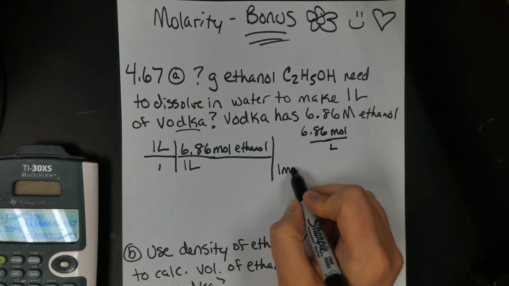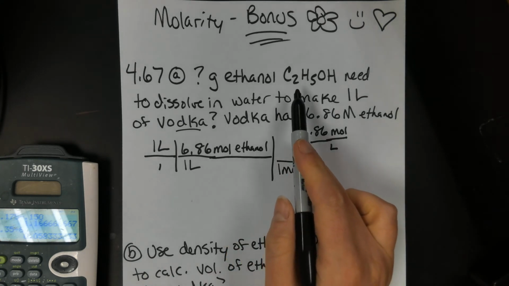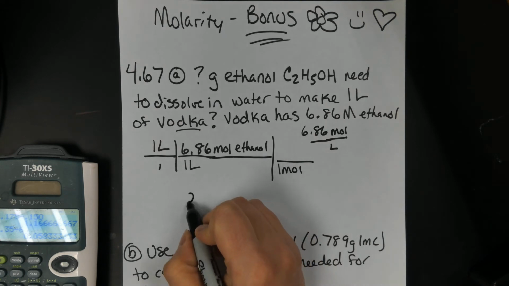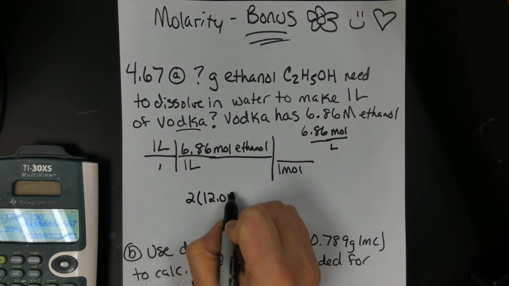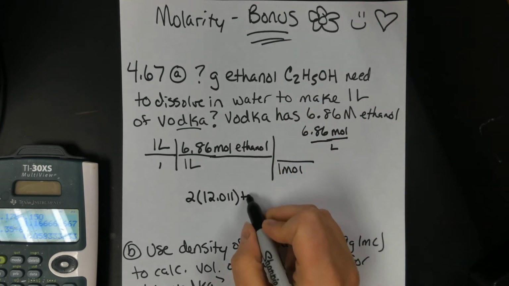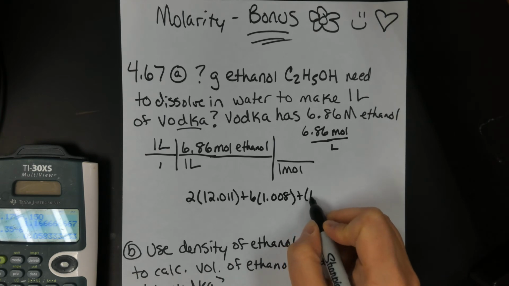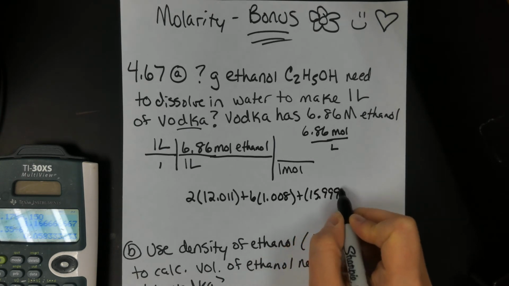1 mole weighs how much? Well, I'm going to have to actually do the math here, right? It's going to be 2 times 12.011 plus, and that's really 6 H's, so plus 6 times 1.008 plus 15.999.